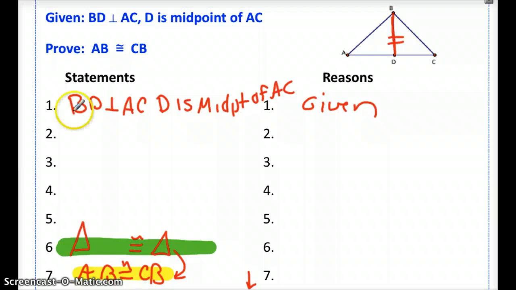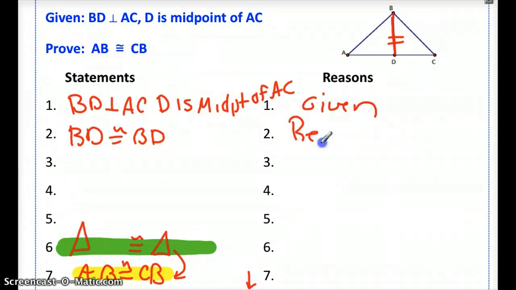So this is BD congruent to BD. If you didn't see that right away and you wrote that later on in 3, 4, or 5, that is correct. It can be anywhere in the proof before the triangle congruent to the triangle. My reason is going to be the reflexive property.